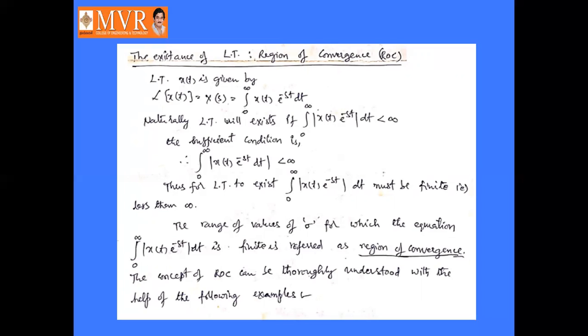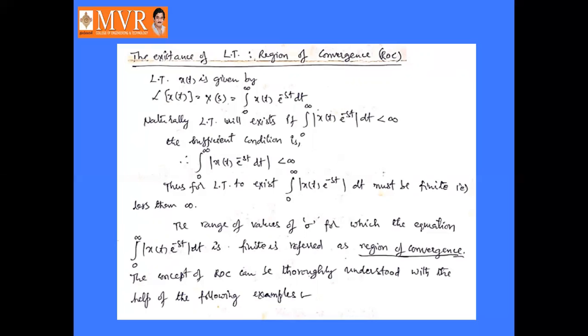The range of values of sigma for which the integral 0 to infinity of mod x of t into e power minus s t dt is finite is referred to as the region of convergence, or ROC.